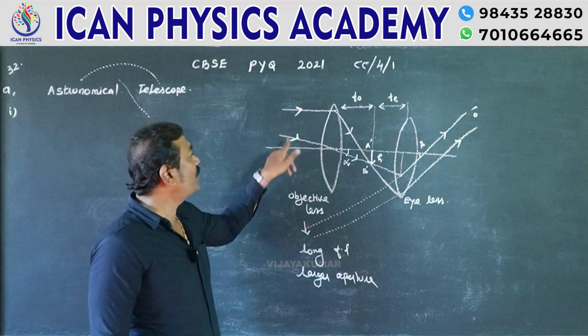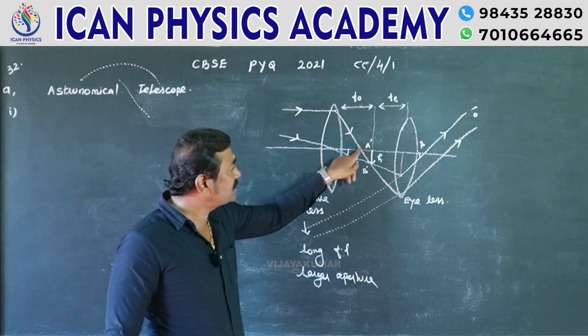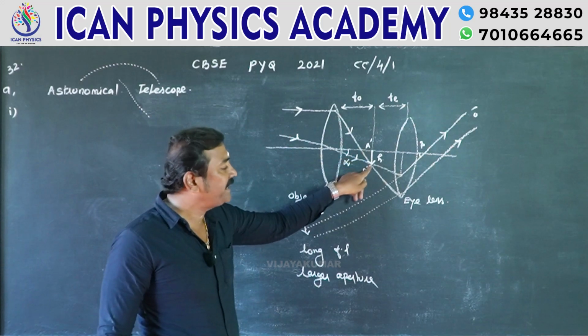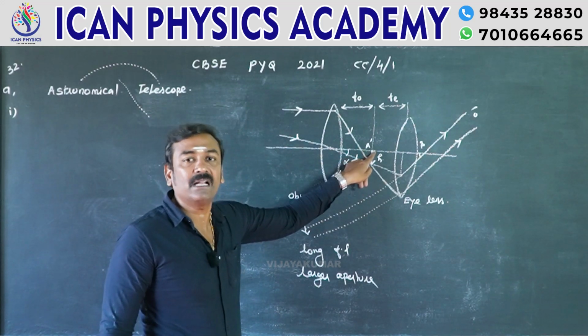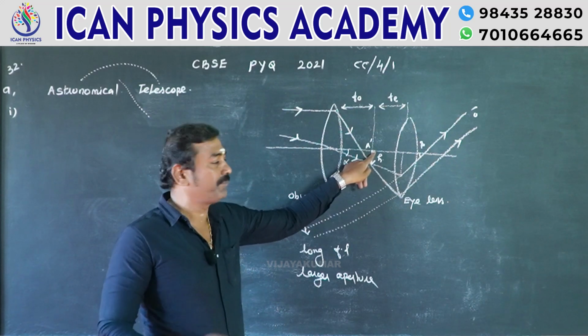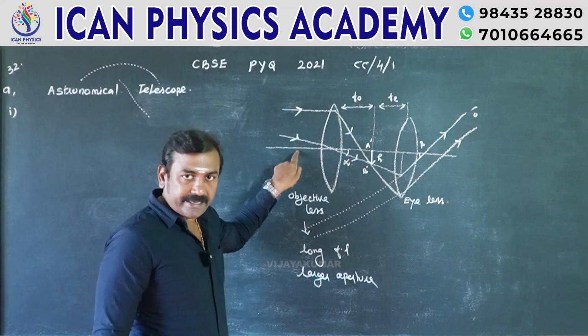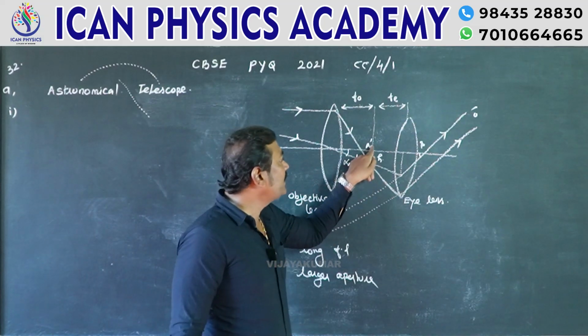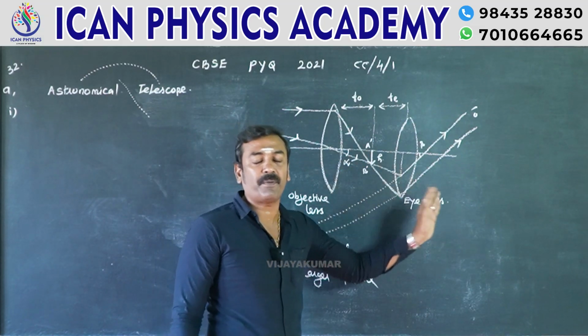The next ray, which is parallel to the principal axis, passes through the focus and meets the other ray. At that point, we get the real image. Here we have to give importance to the arrow head. So A'B' is formed at the second focal point.